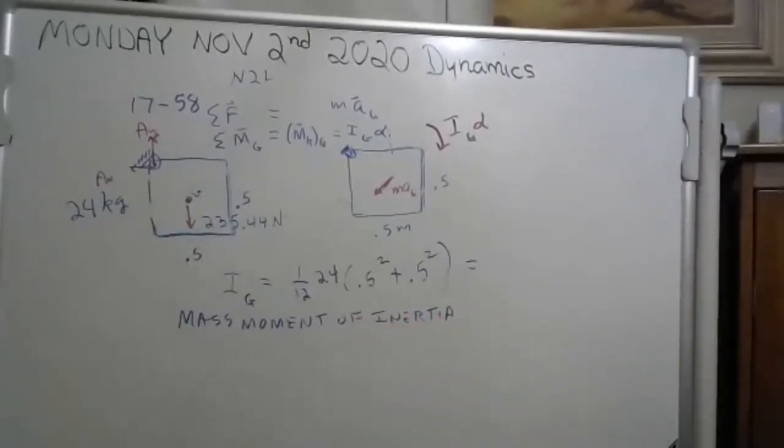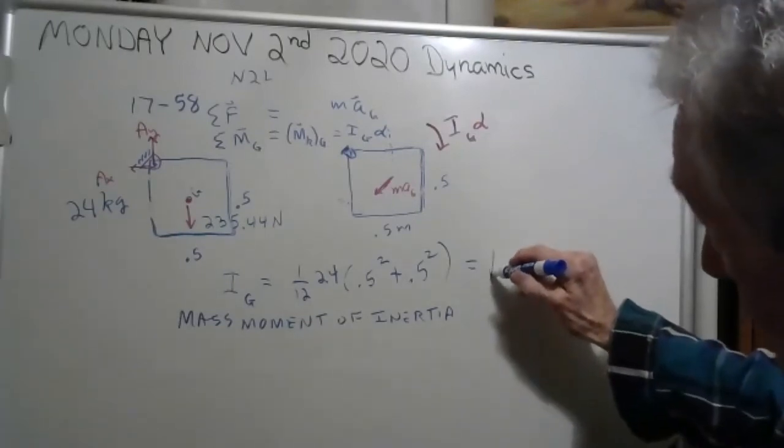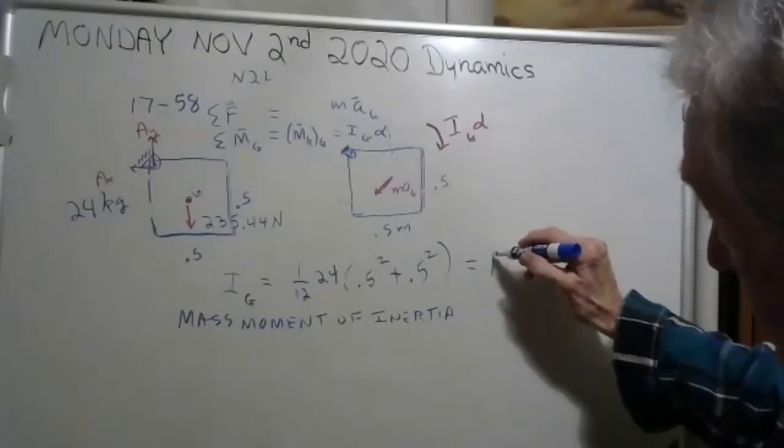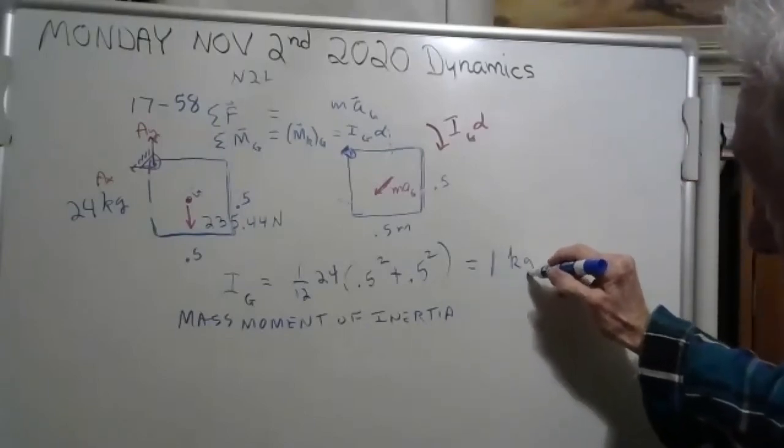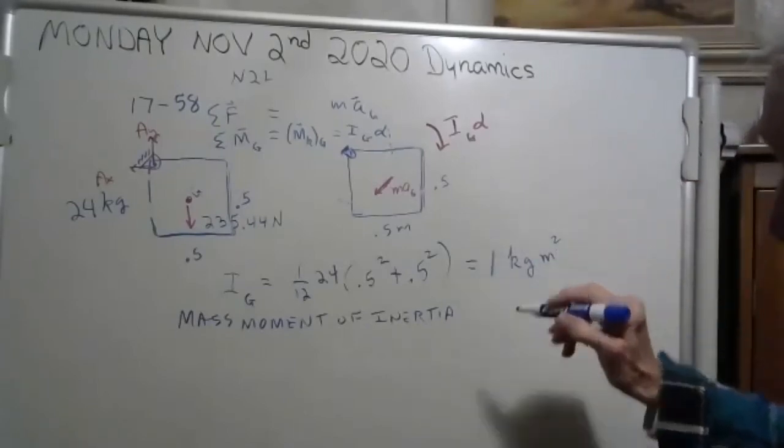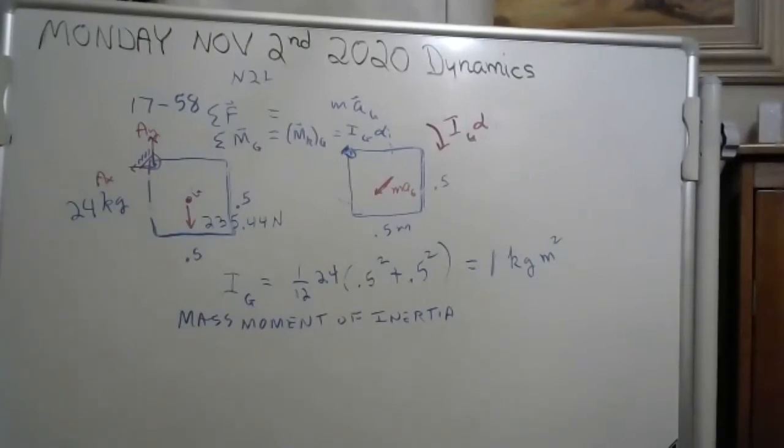And here goes. Gee, I got a weird answer. I just got 1. Did you get 1? I got 1 kilogram meter squared. Ta-da, and we got that.